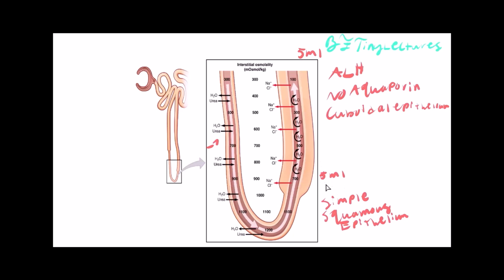But if we have, let's say, 1 gram of ions here, as we continue going upwards, eventually we only have like 0.2 grams of ions. And so technically we have more water compared to ions as we keep going upwards in the ascending loop of Henle.